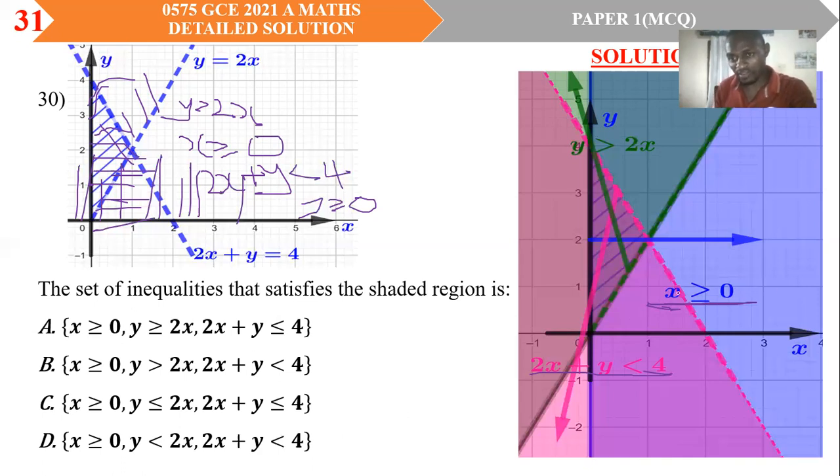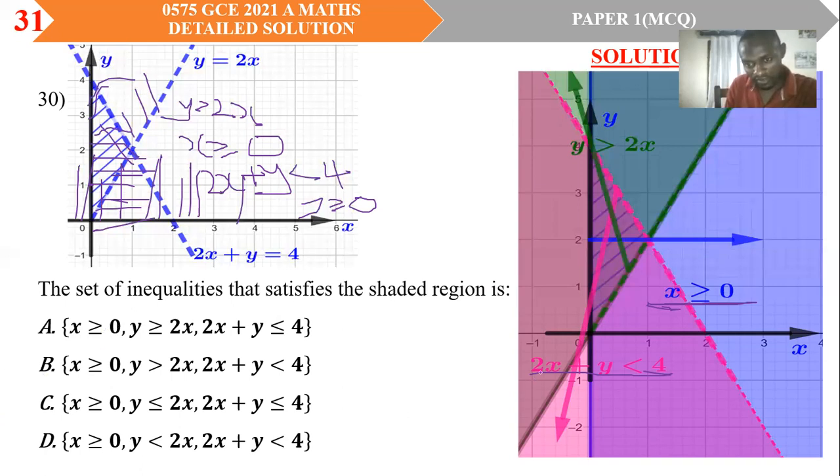So when you look at this series of inequalities that have just been described, as in the rough work here, the set of inequalities that satisfy the shaded region is, the first one, x greater than or equal to 0.